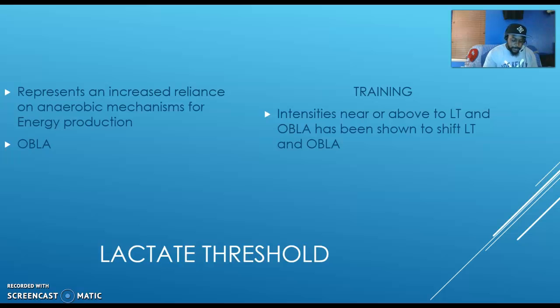Some other factors that influence lactate production are exercise duration, state of training, and initial glycogen levels. They all influence lactate accumulation. Some studies have shown that both aerobically trained and anaerobically trained individuals have faster lactate clearance rates.